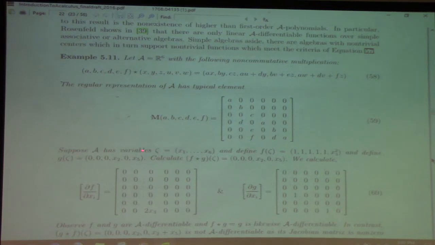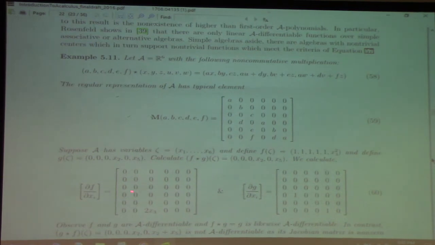And if we let the algebra have variables zeta, x1 through x6, we can define f of zeta to be this, with x2 cubed, x3 squared. And we can define g of zeta to be this, right? So if you calculate f times g of zeta, you'll actually get that. And if you calculate the Jacobian matrix of f and the Jacobian matrix of g, you get this and that.